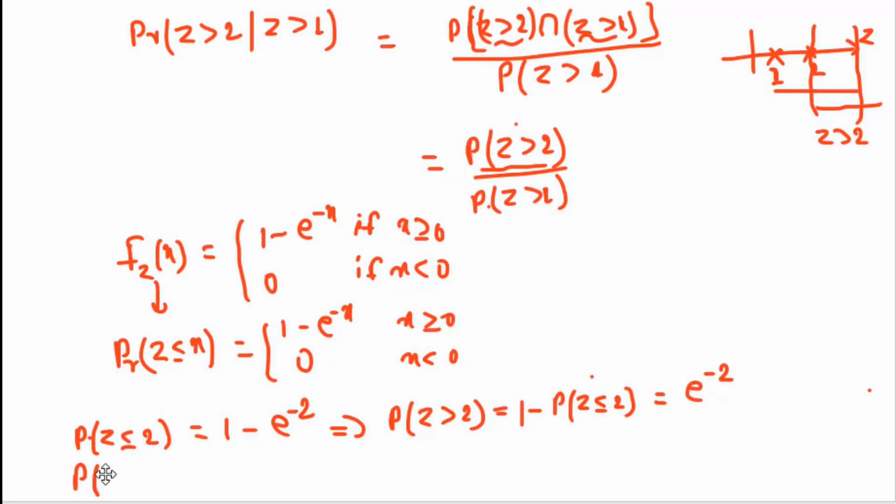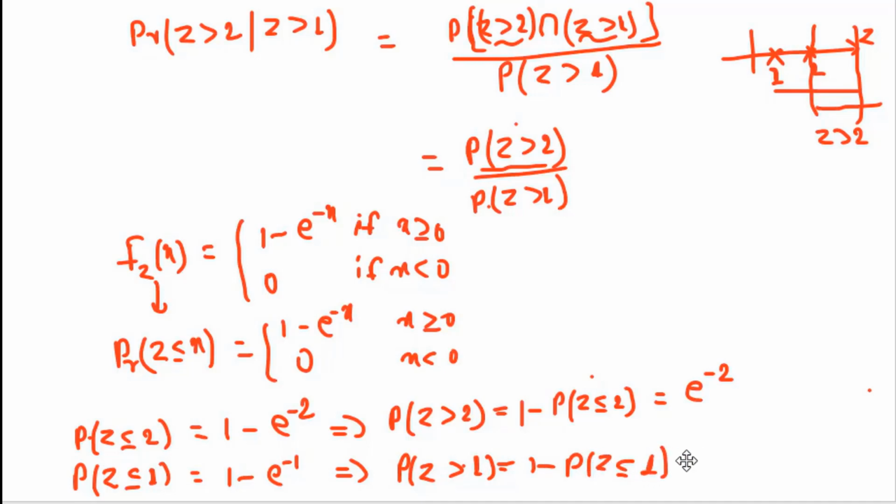Similarly, you can find the probability of z less than or equal to 1 is 1 minus e to the power minus 1, and the probability of z greater than 1 is 1 minus the probability of z less than or equal to 1, which is equal to e to the power minus 1.